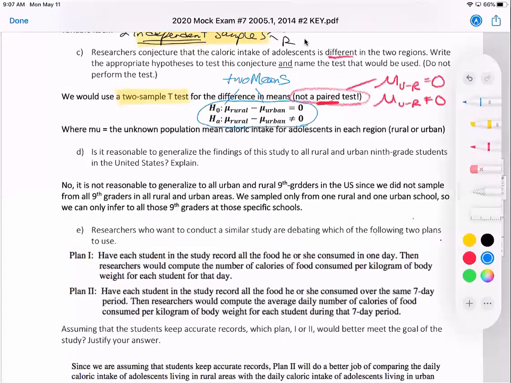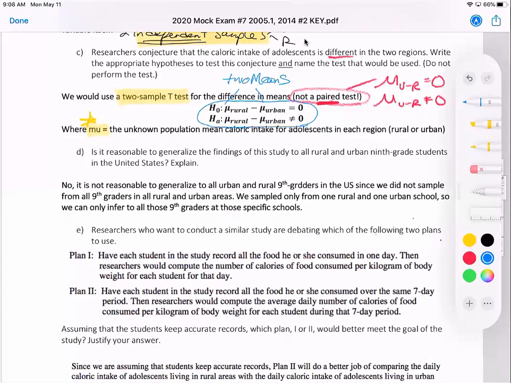As long as you have 2 means, not using X bar, but mean, mu, the population mean. And make sure you define the parameter. Make sure you do that part. Defining the parameter, mu is the unknown population mean caloric intake for adolescents in each school. Might be better than region, but each school, rural or urban.